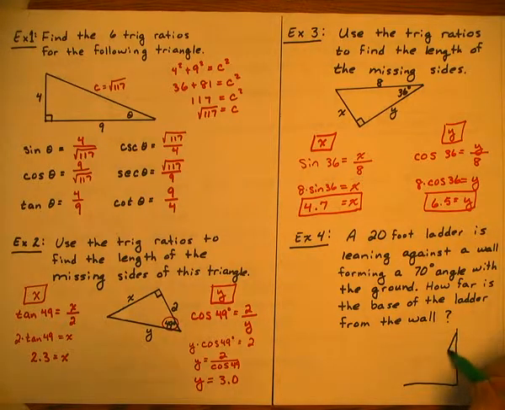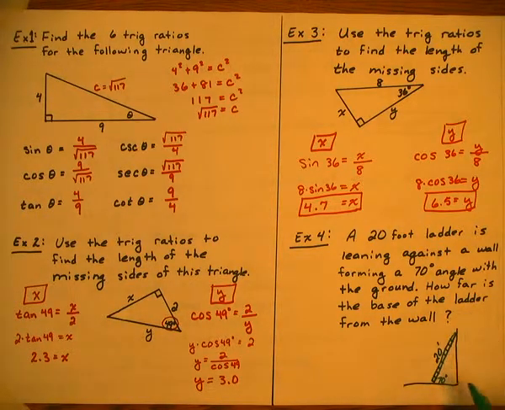Now I've got a ladder leaning against that wall right here, and it says it is a 20-foot ladder, so the length of this side is 20 feet, and it forms a 70-degree angle with the ground, so that angle right here is 70 degrees.